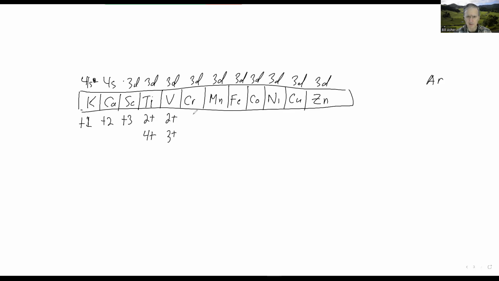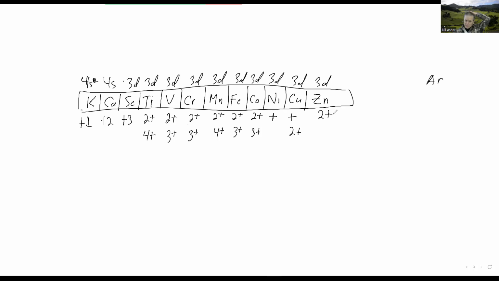Chromium is 2 plus or 3 plus. Manganese is 2 plus or 4 plus. Iron is 2 plus or 3 plus. Cobalt is 2 plus or 3 plus. And nickel is just +1. And then copper is +1 or 2 plus, and zinc is 2 plus.